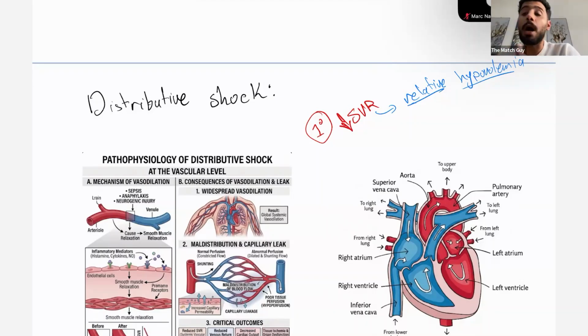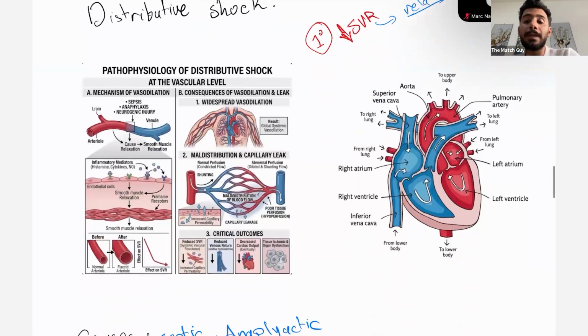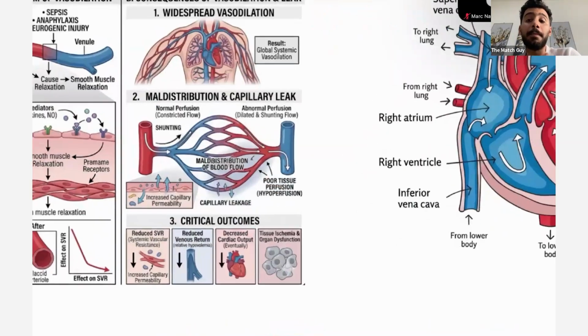Now, this is going to cause more blood to stay in the circulation, meaning more blood to stay in the veins, because the veins are going to get bigger, and now the veins are going to be holding more blood. Also, as part of the pathophysiology of distributive shock, you're going to have an increase in the capillary permeability.